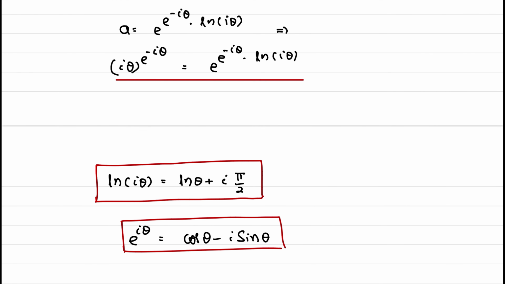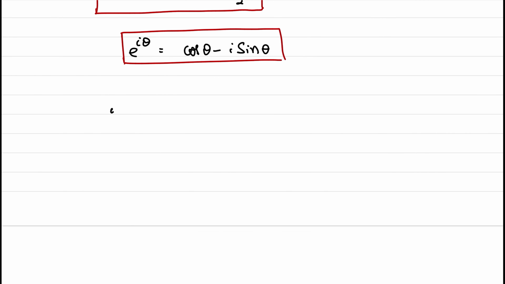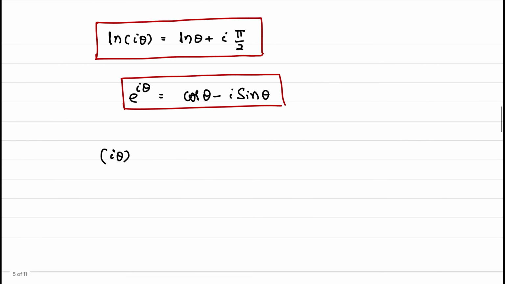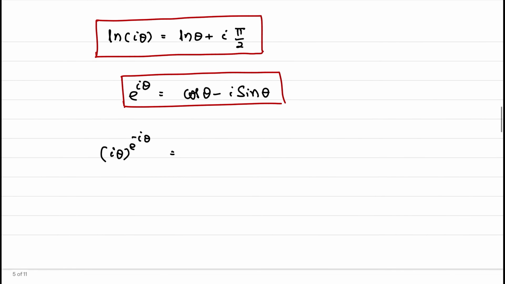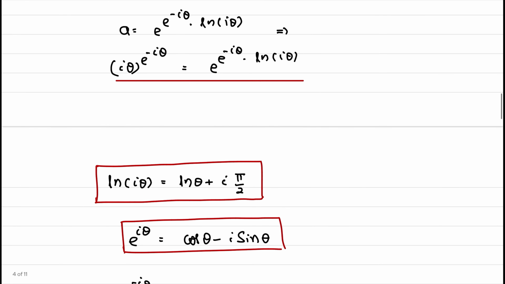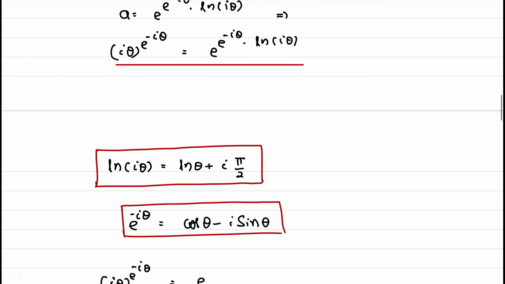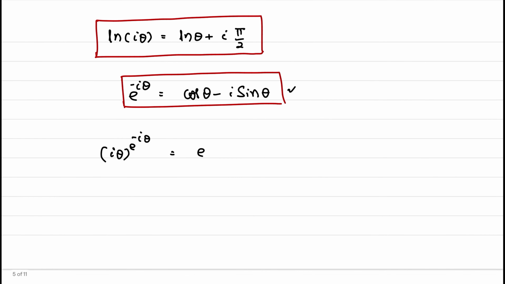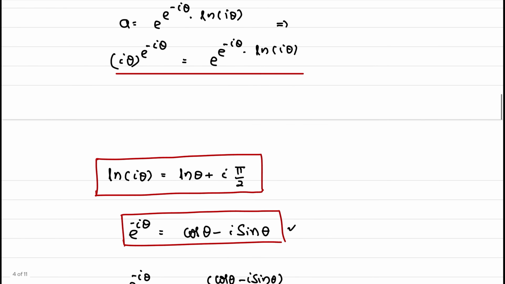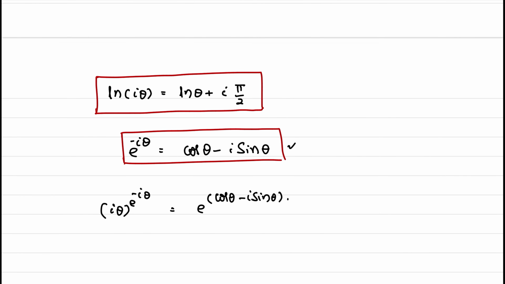Here we will substitute. i theta to the power of e to the power of minus i theta is equal to e to the power of (cos theta minus i sin theta) into (ln theta plus i pi by 2).